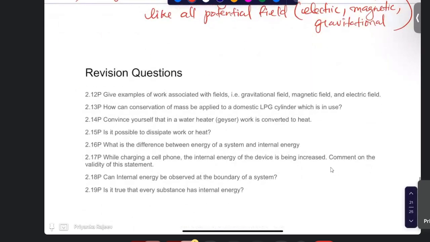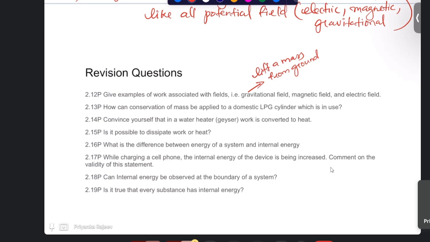Now, give an example of work associated with a field: gravitational field, magnetic field, and electric field. So gravitational field is what? You lift a mass from the ground. That is gravitational field work.